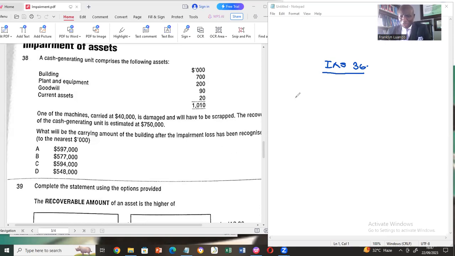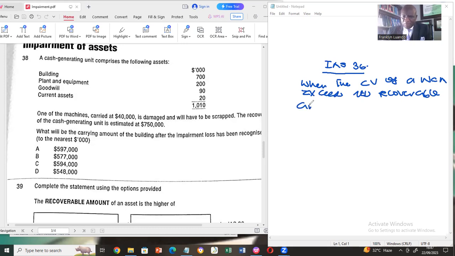So impairment occurs when the carrying value of a non-current asset exceeds its recoverable amount. That is very important.